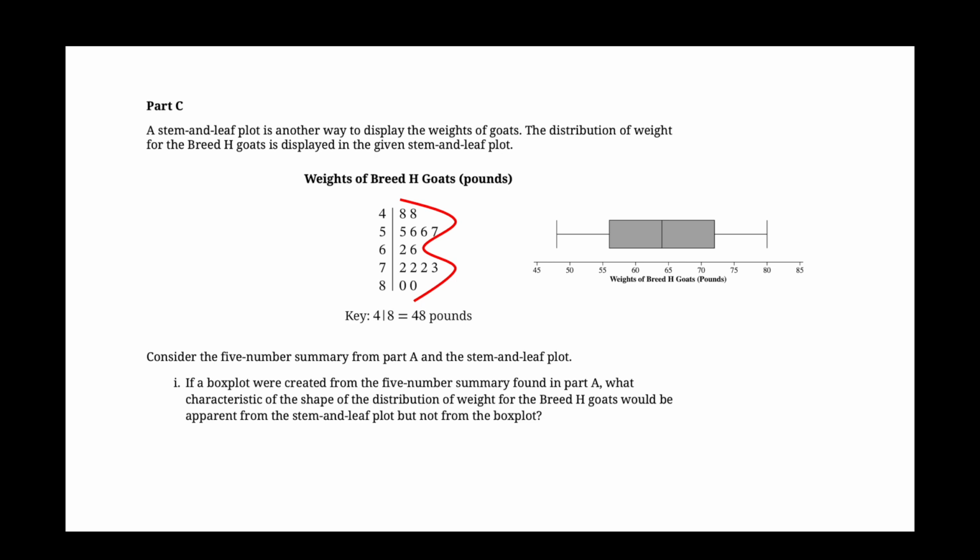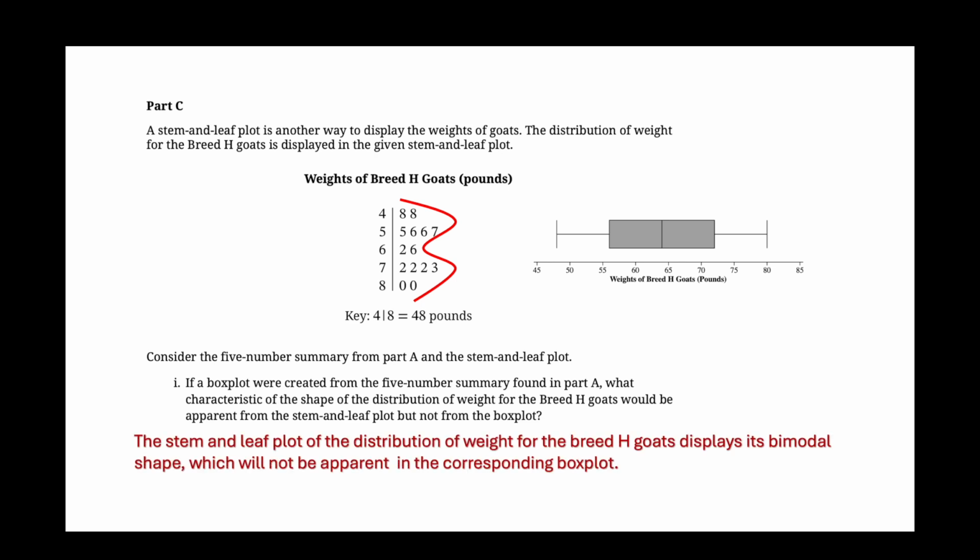The main reason is that it only has the 5-number summary, whereas the stem leaf plot shows the individual data points. So our answer would be the stem leaf plot of the distribution of weights for the breed H goats displays its bimodal shape, which would not be apparent in the corresponding box plot.